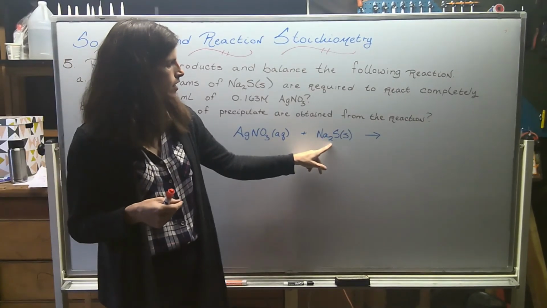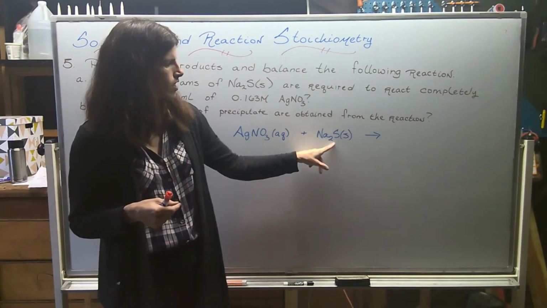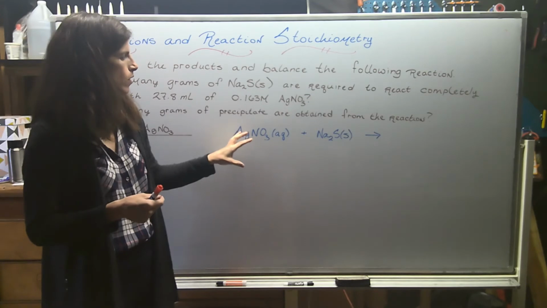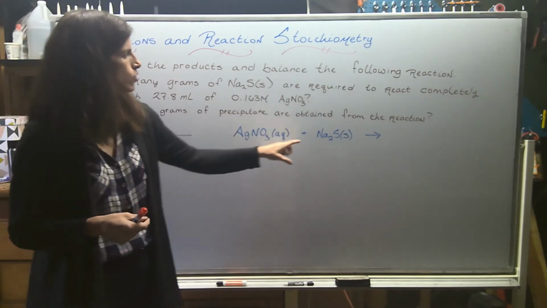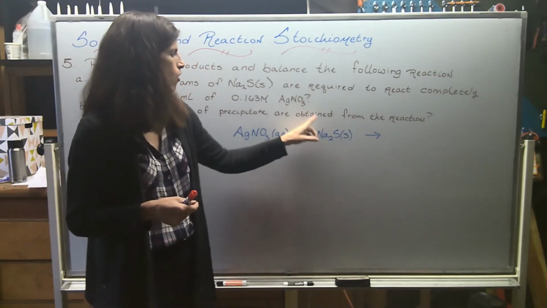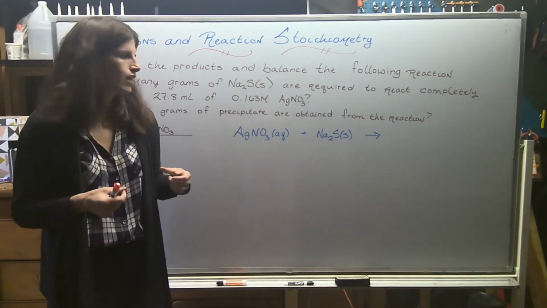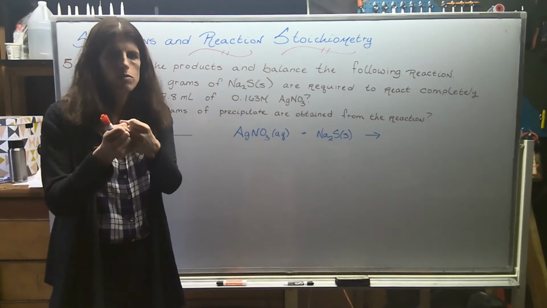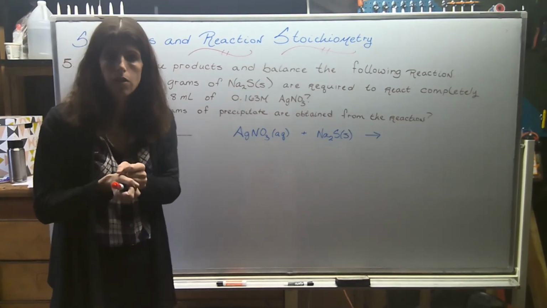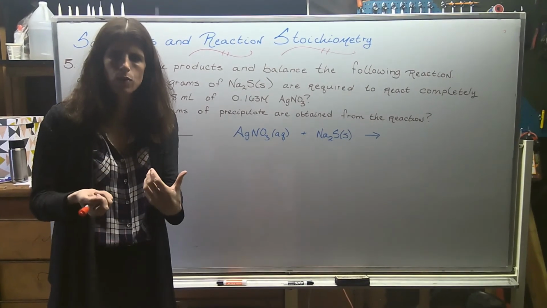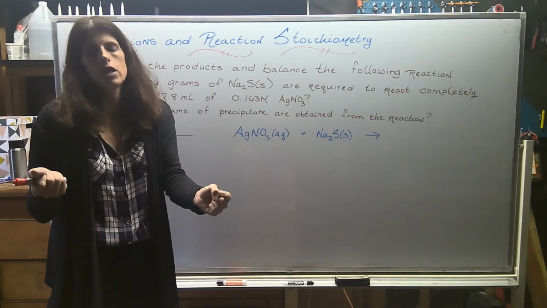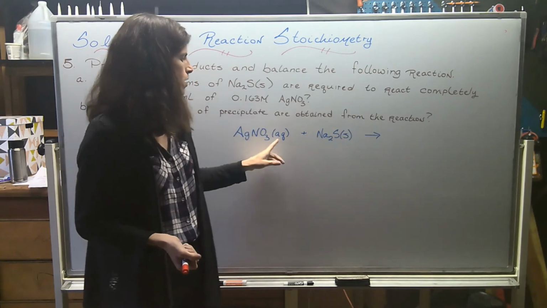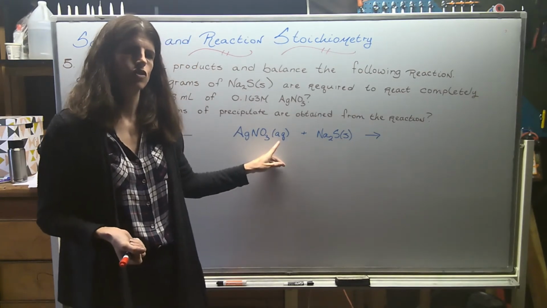So we haven't seen precipitation reactions involving solids, but it kind of makes sense what's going on here, because once you start putting the sodium sulfide into the aqueous silver nitrate, there's a lot of water in there. So the sodium sulfide we know is normally soluble, right? It's normally aqueous, and it's going to dissociate into its ions. So it's going to be available for reaction once we mix it with the aqueous silver nitrate.